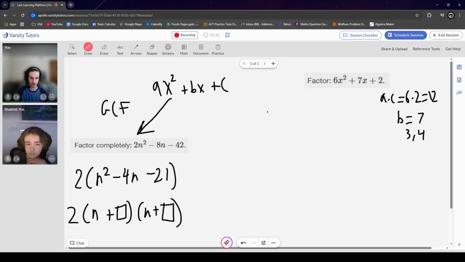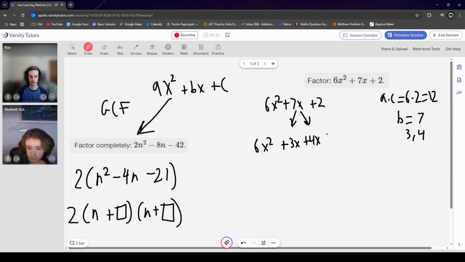So I'm going to write 6x squared plus 7x plus 2. We're going to split the 7x up into plus 3x plus 4x plus 2. Do you see how that works?